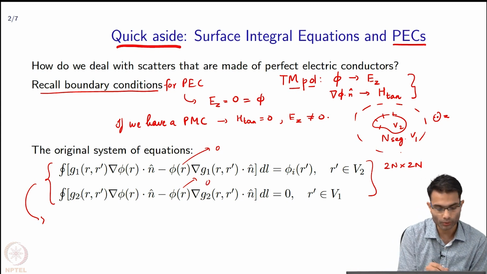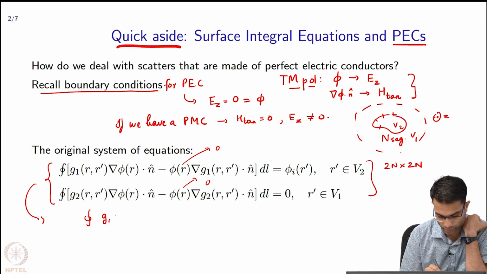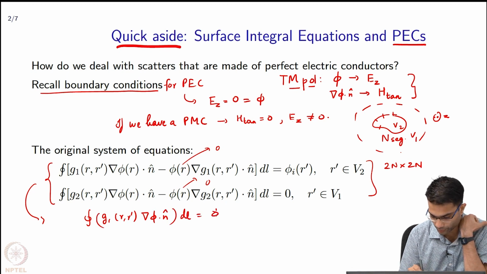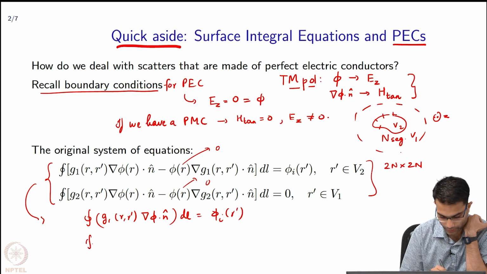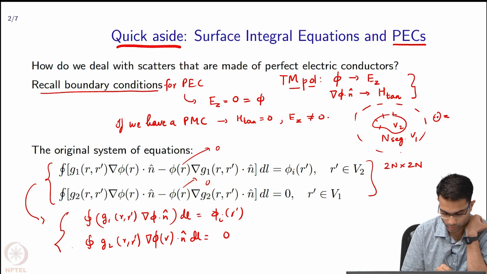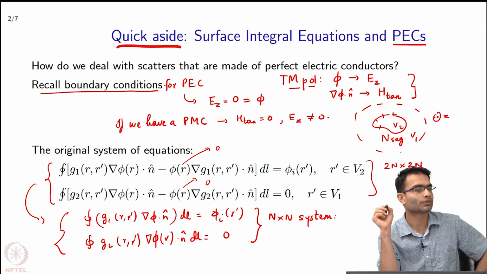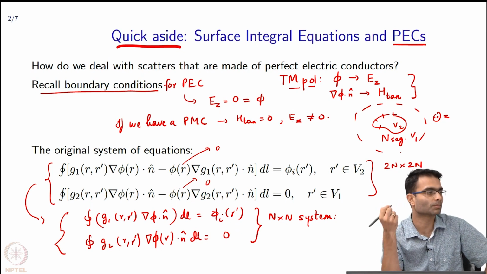So, only these two terms survive. I will just have G1 of r prime grad phi dot n hat dl equal to phi I of r prime, and G2 of r prime grad phi of r dot n hat dl equal to 0. So, this is going to give me an N cross N system. In some sense it is an easier problem to solve.